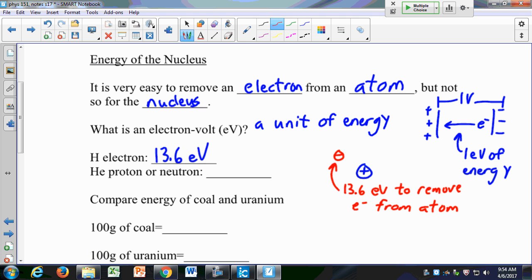The only reason I tell you that is to show you the difference between this energy and the energy required to remove a proton or a neutron from a helium atom, right?